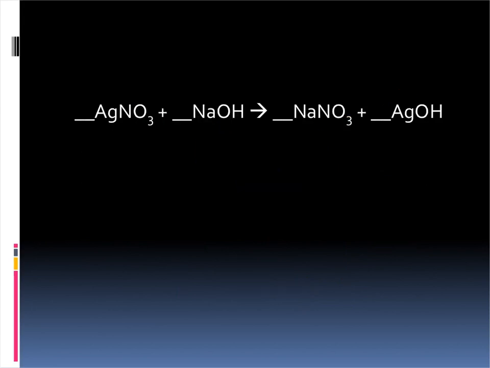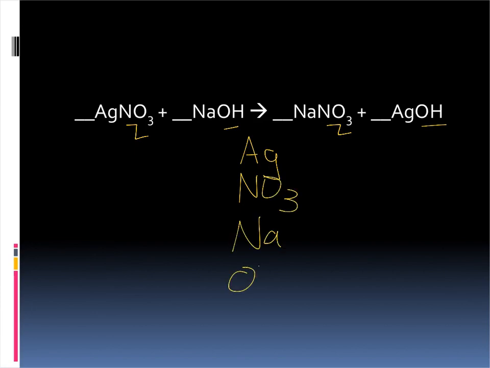All right, another example, we have, hopefully you see the polyatomic NO3. It's on both sides. And you see this OH, again, on both sides. So when I make my list, I'm going to count them all together. Okie dokie, so I got 1 Ag, 1 NO3, 1 Na, 1 OH.